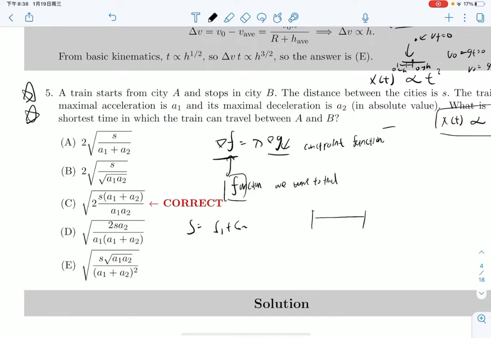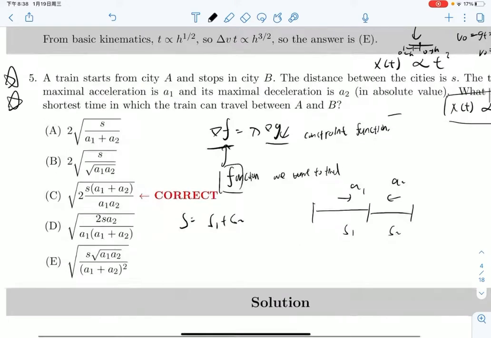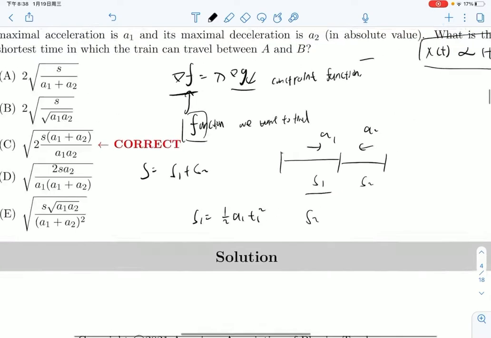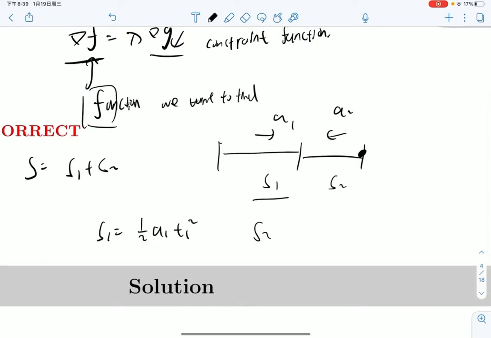So basically, here's s1, which is accelerating with a1, and s2 is decelerating with a2, and s1 is equal to 1/2 a1 t1 squared, and s2, for symmetry, is equal to 1/2 a2 t2 squared.